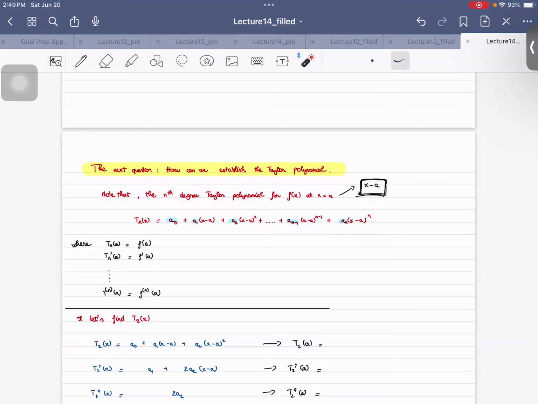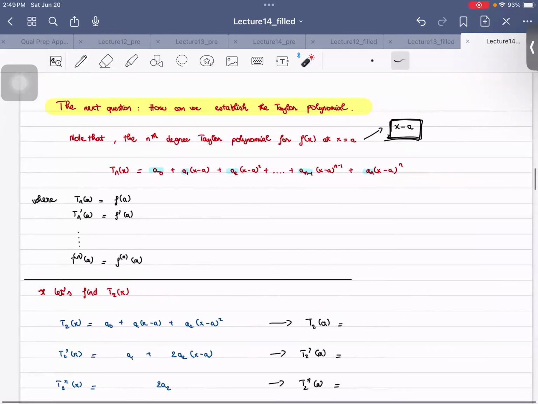And the important thing is your approximation polynomial should carry the information in terms of the derivatives of your original function.